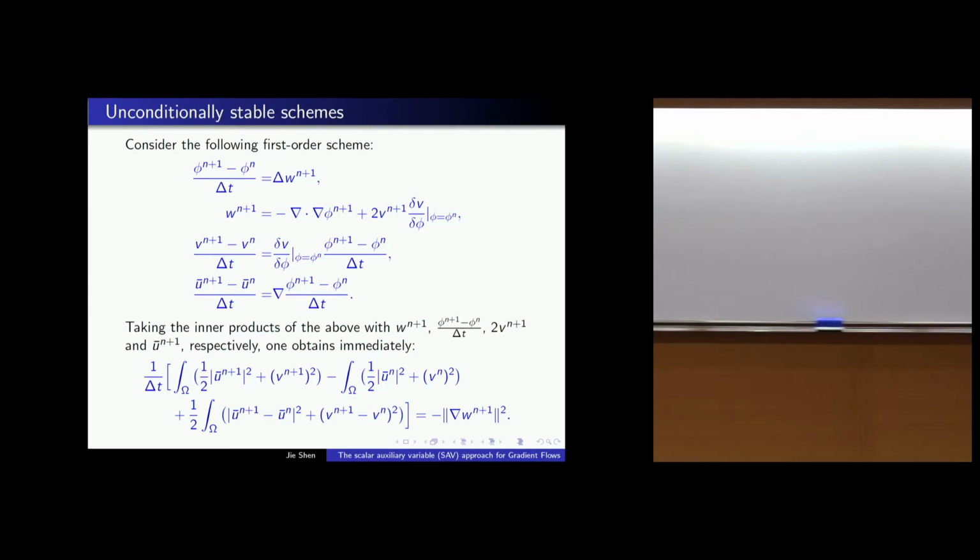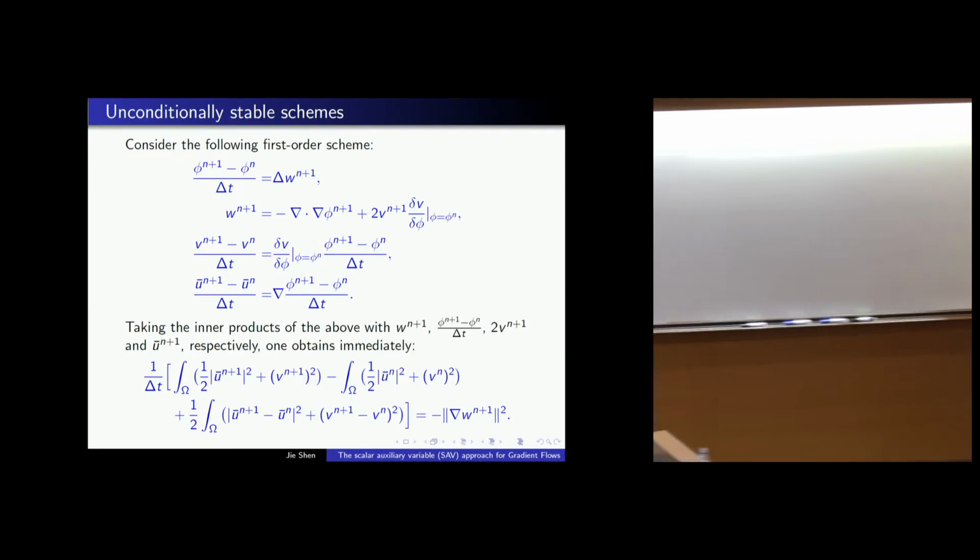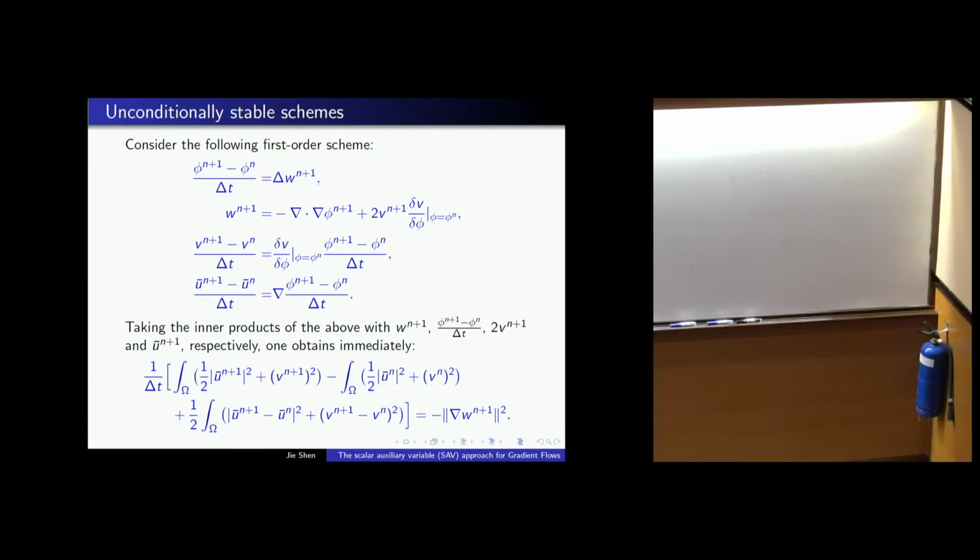So it applies to anything, right? You have your nonlinear term, it applies to anything. It's always unconditionally stable. But it's with respect to a modified energy, not the original energy anymore. But nevertheless, with this modified energy, it's unconditionally stable with some extra dissipations introduced by the time discretization. Right? Okay, very nice.